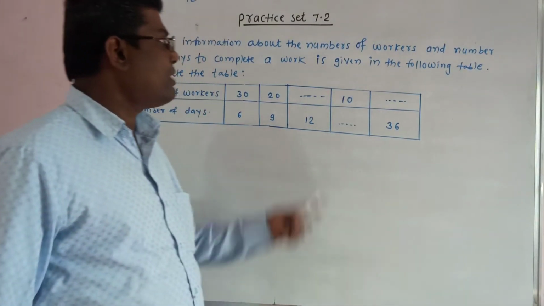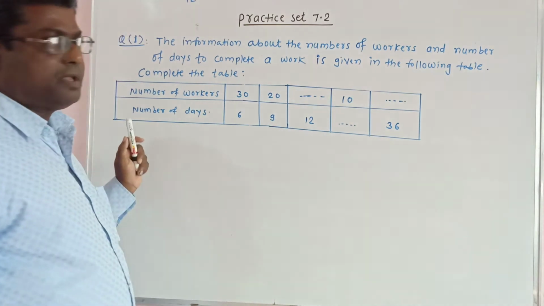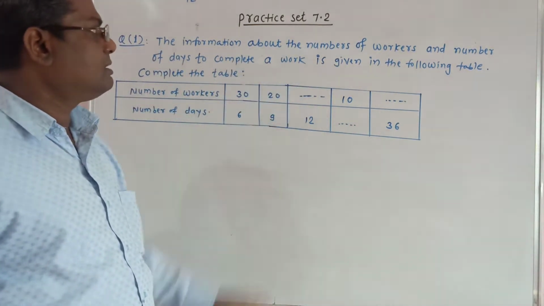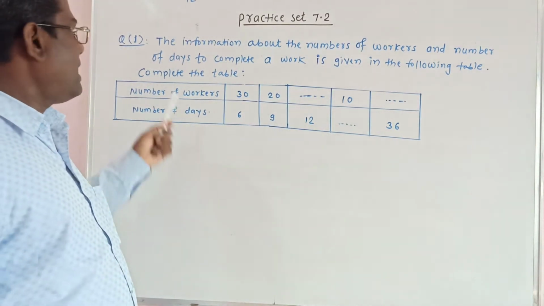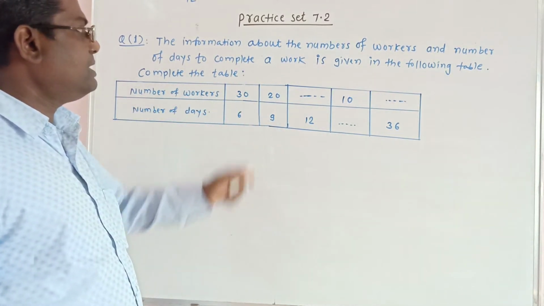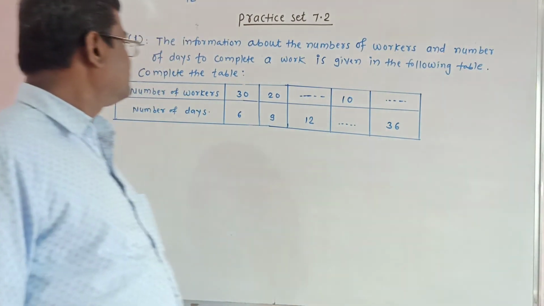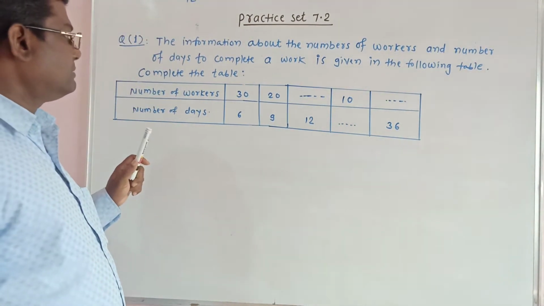Practice set 7.2. Example number 1. The information about the number of workers and number of days to complete a work is given in the following table. Complete the table.